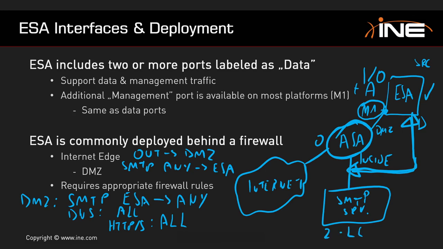In both those cases, communication from and to management interface would have to be allowed as I showed you. Plus, if you plan to use some additional services like maybe syslog, or maybe you want to integrate the ESA with internal Active Directory, you would also have to account for that.